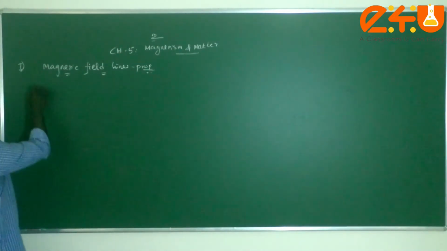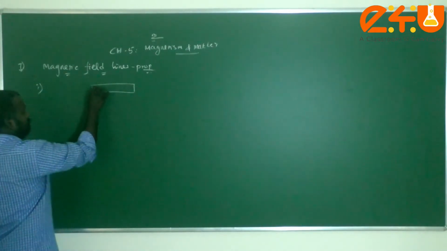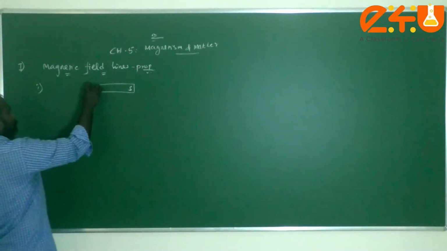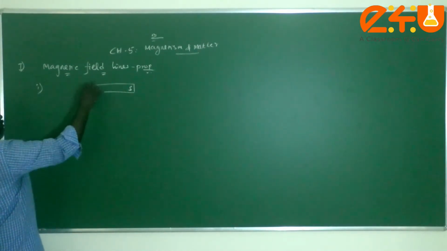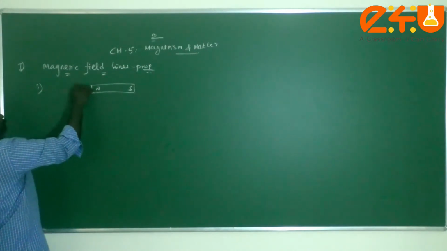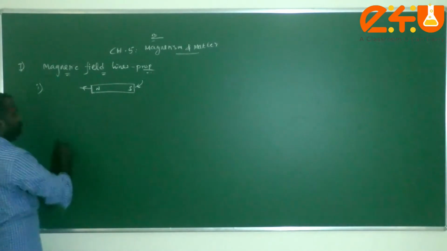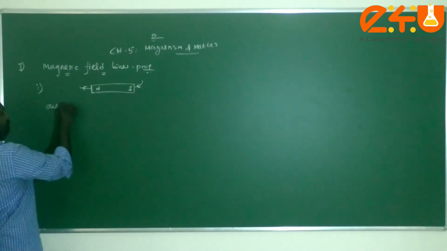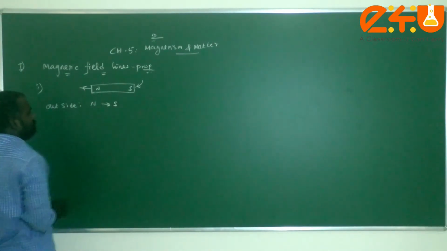The first property: let us consider there is a bar magnet which has two poles, north and south. The magnetic field lines come out from the north pole and go into the south pole. Outside the magnet, the field lines go from north to south.